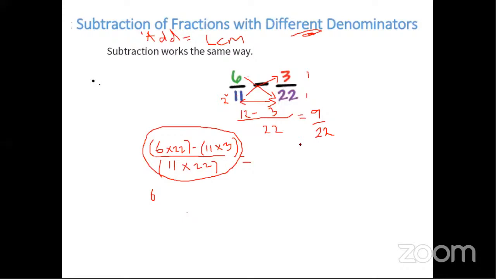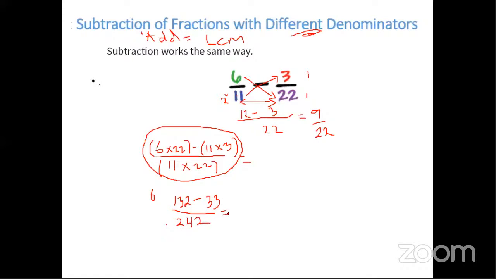Okay, so 6 by 22. 6 times 22, you get 132. 132 minus 33. 11 times 22, you get 242.